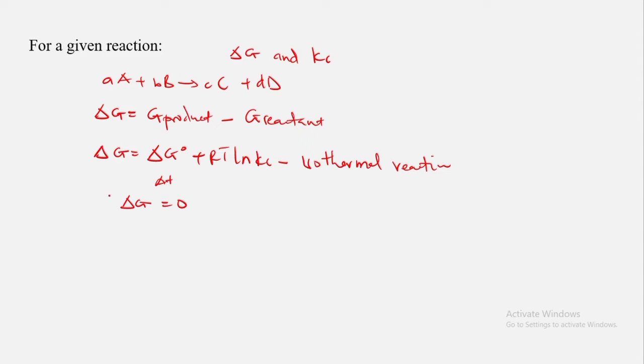When you substitute the Gibbs free energy as 0, the change in G naught will be equal to negative RT ln Kc. Now we know that Kc has been established, and then you can put it inside. So this is the relationship between the Gibbs free energy and the equilibrium constant.